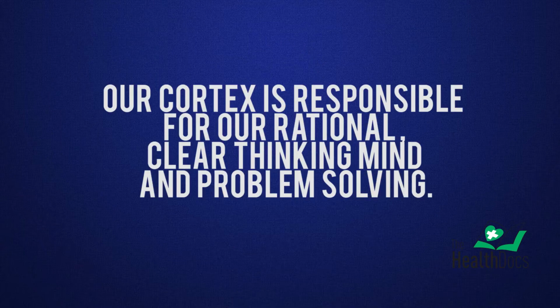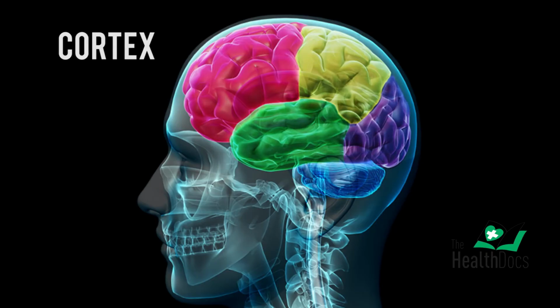Our cortex is responsible for our rational, clear-thinking mind and problem-solving, which isn't always there, but it's there sometimes. It allows us to plan long-term as opposed to just short-term, and be sensible about what we're doing, make decisions thoughtfully and rationally. So obviously this is the part of the brain we want to use more often.